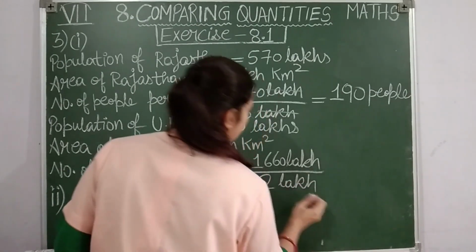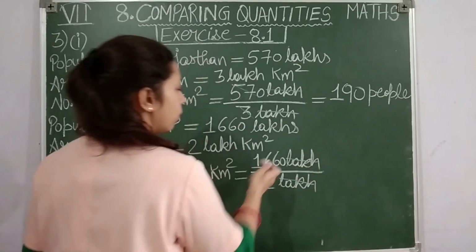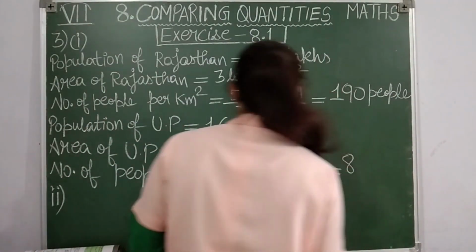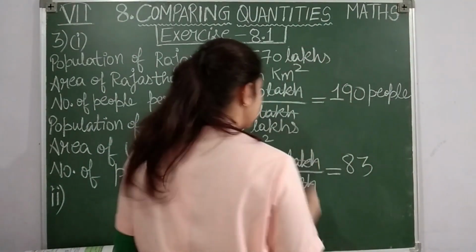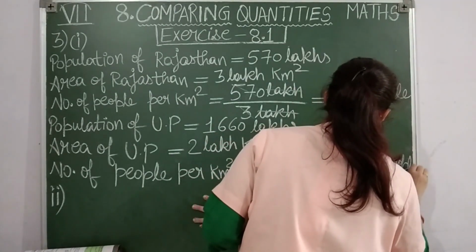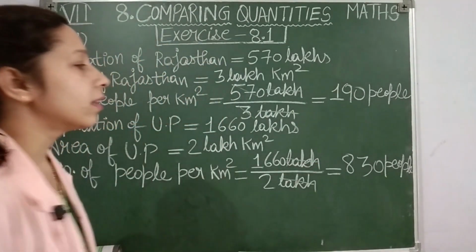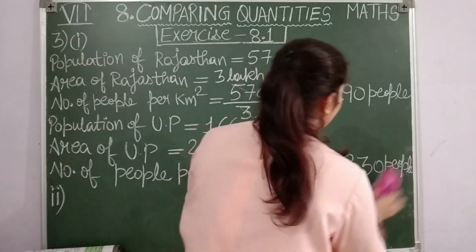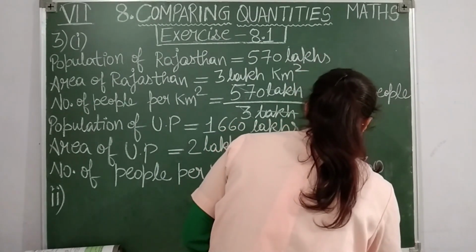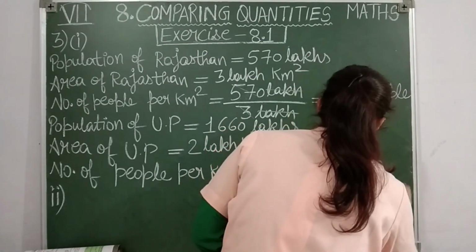Okay, students, again lakh cancelled. 1660 upon 2, simply divide. 2 8s are 16, 2 3s are 6 and a 0. So students, in UP per kilometer square 830 people live. So the answer is 830 people.